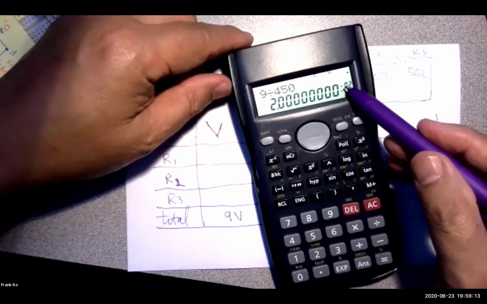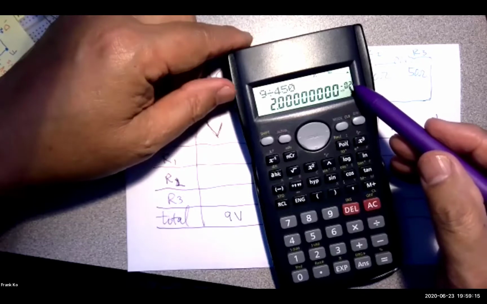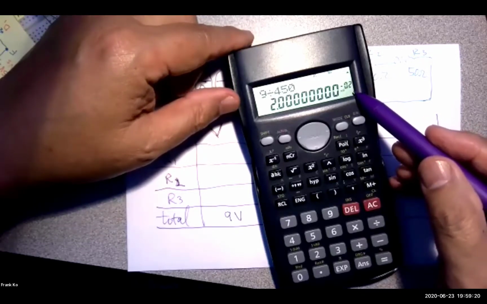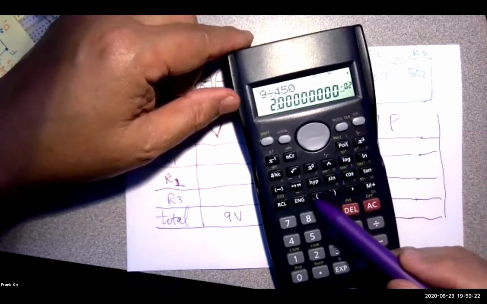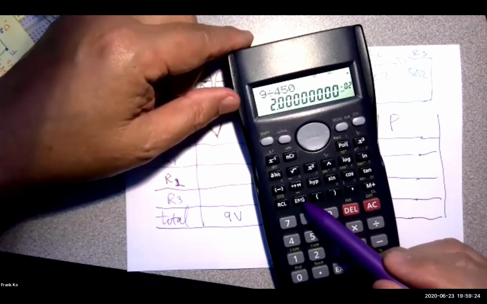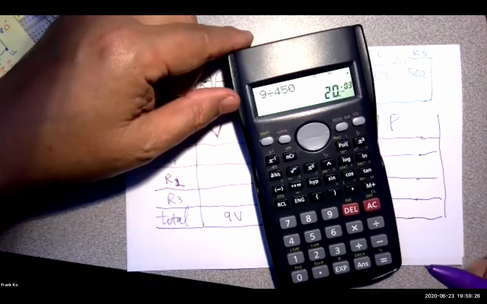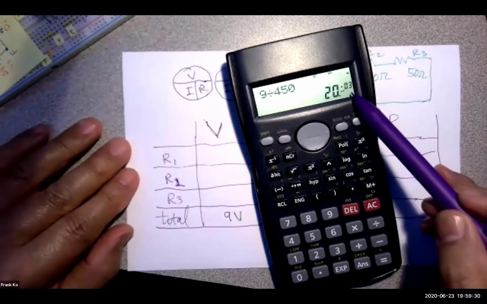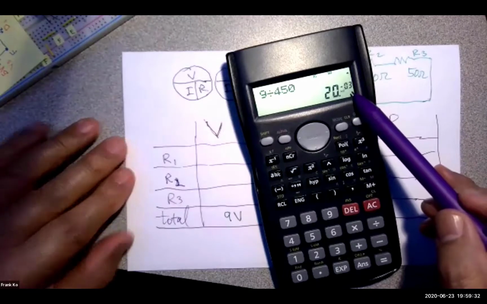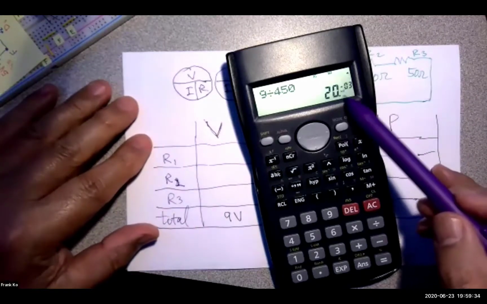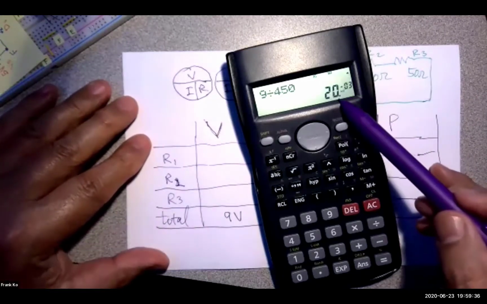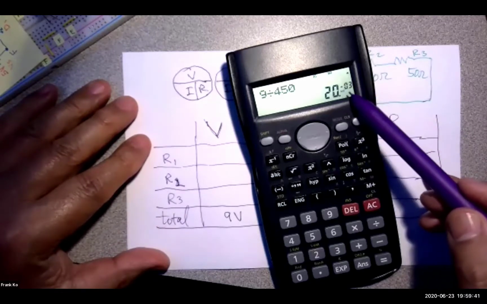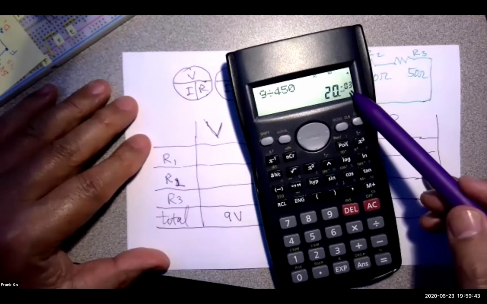Is there a magic button on this calculator that can quickly change this scientific notation answer into engineering? Guess what? It is your engineering key. If I press engineering, right there, voila, it automatically converts to the appropriate 10 power of some multiple of 3, and the value is given as proper engineering. So this works out to be 20 times 10 power of negative 3.